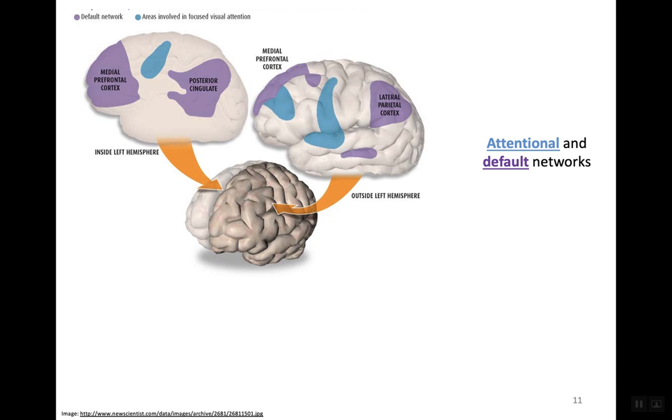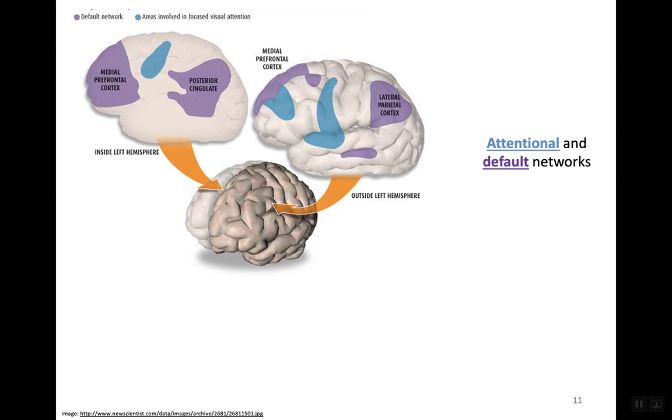Rather, I want to contrast the attentional network, this network of regions that supports directing attention and modulating the amount of attention to external stimuli and tasks, to a much more elusive network that has not been given sufficient focus until rather recently.